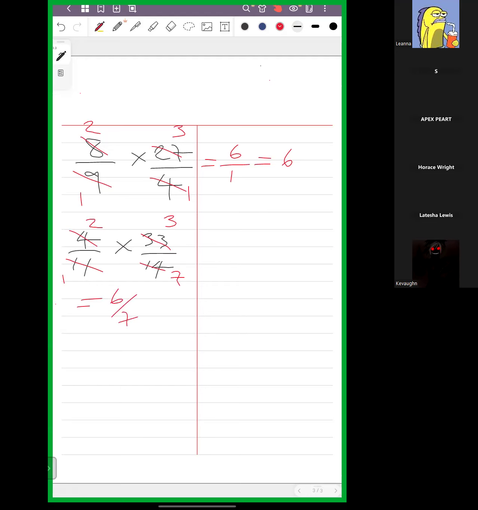Now, it can be a situation where you end up with 3 fractions to multiply. All right, so you could end up with something, let's say, like this.